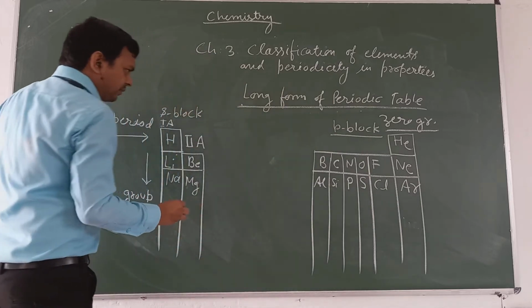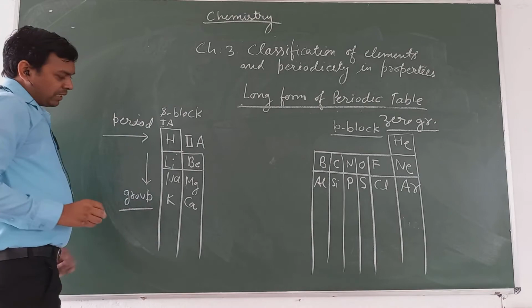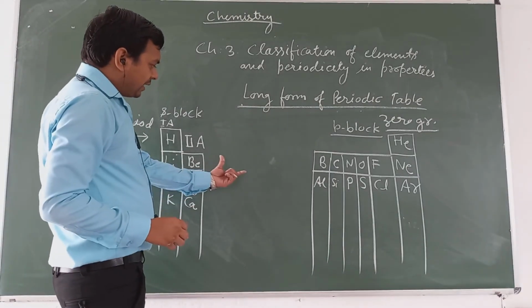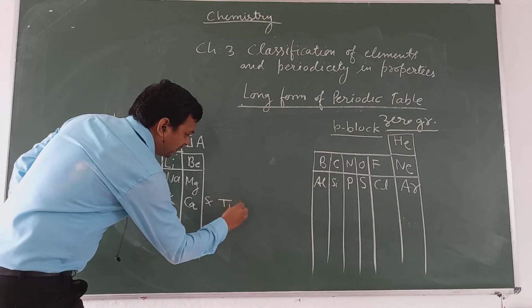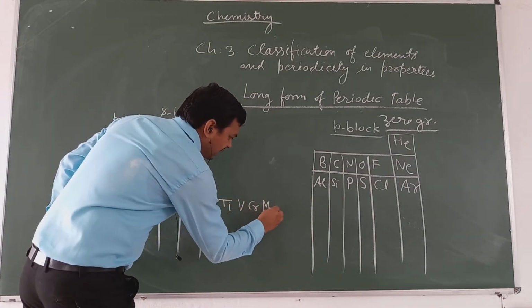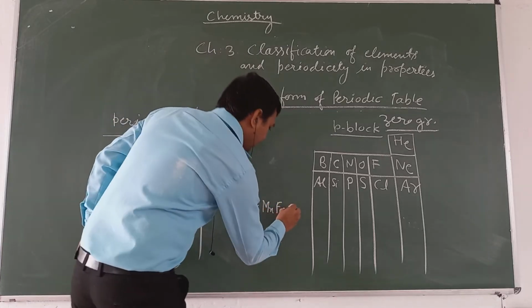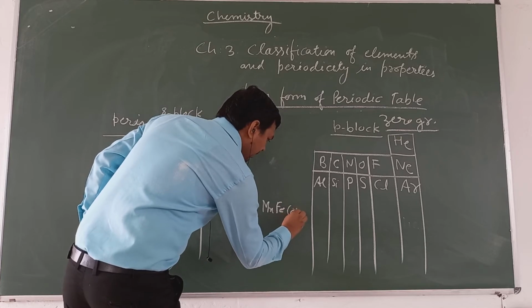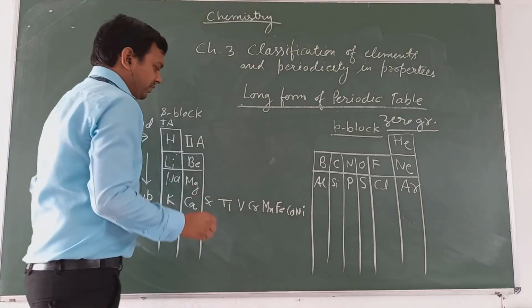After argon, potassium, calcium. After calcium, the d block elements start: scandium, titanium, vanadium, chromium, manganese, iron, cobalt, nickel, copper and zinc.